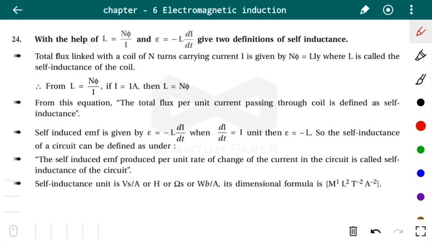Now taking another formula, the self-induced EMF is given by epsilon equals minus L dI by dt.